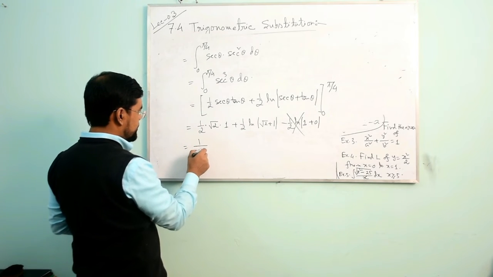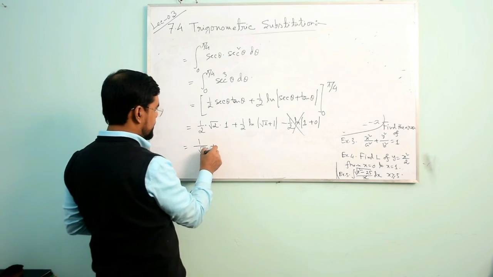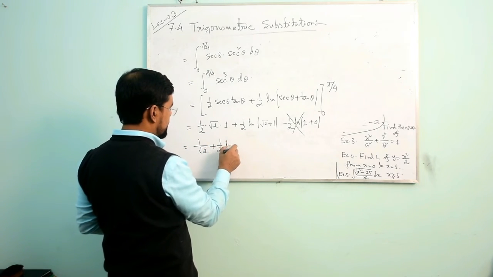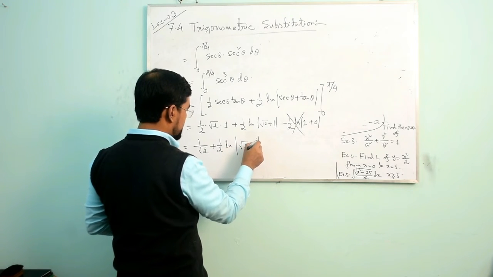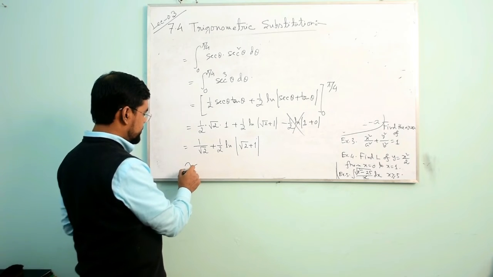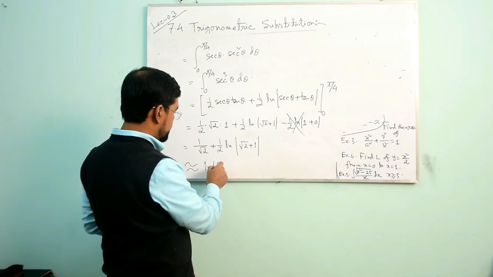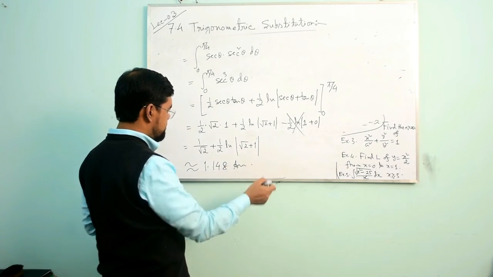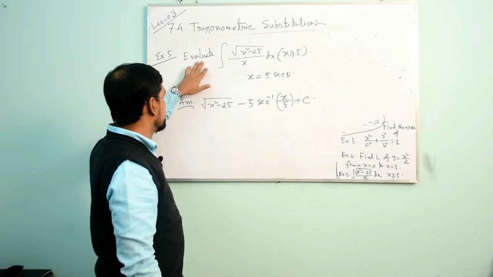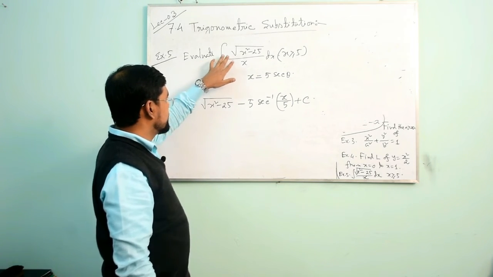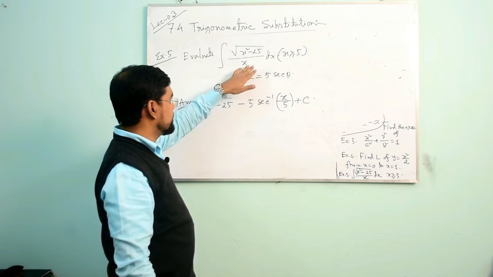So the answer will be 1 by root 2 plus half ln absolute value of root 2 plus 1, and using your calculator, this will be 1.148. This is the answer.